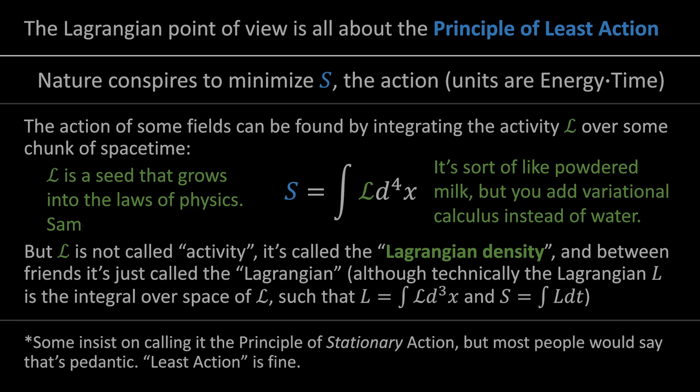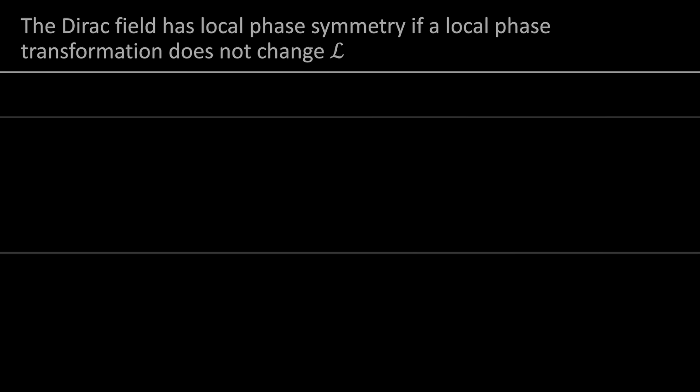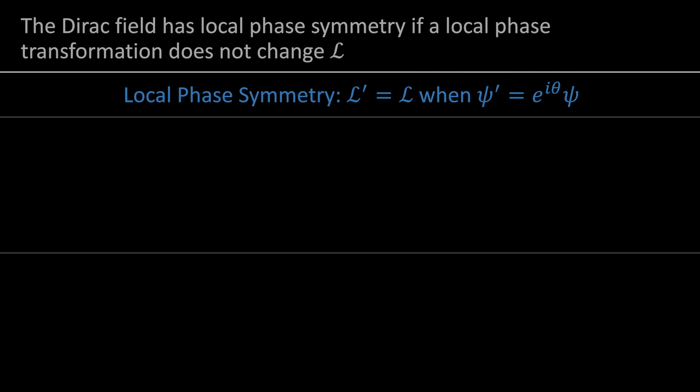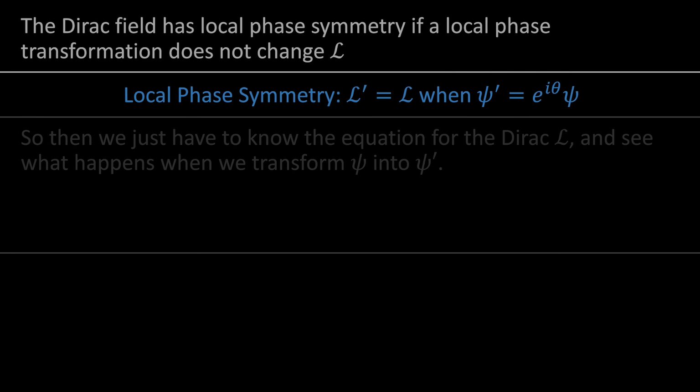If the Lagrangian isn't changed by the transformation, then neither will the laws of physics, and neither will any observable quantity. So now we can define local phase symmetry very precisely. The Dirac field has local phase symmetry if, and only if, its Lagrangian remains unchanged by any arbitrary local phase transformation.